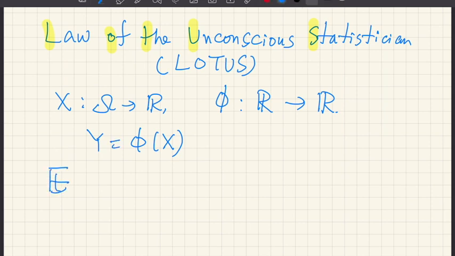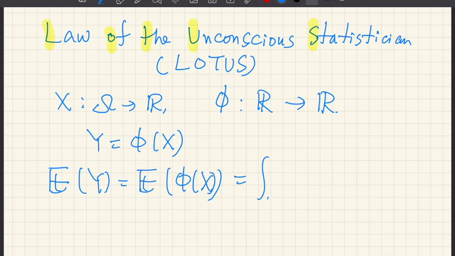So the expectation value of Y, in other words the expectation value of phi of X, is given by the integral of phi of x times the probability density. We don't prove this. I think this is so obvious that we don't even think that this is a theorem. It's almost a definition.